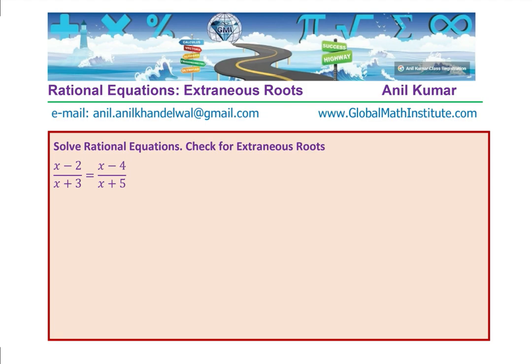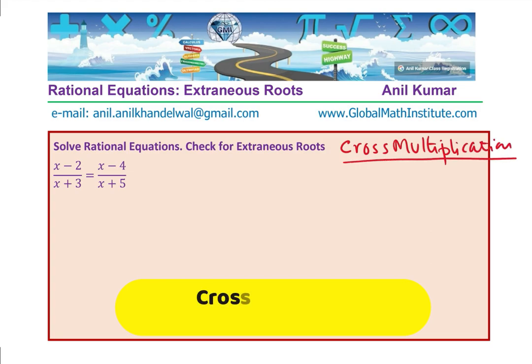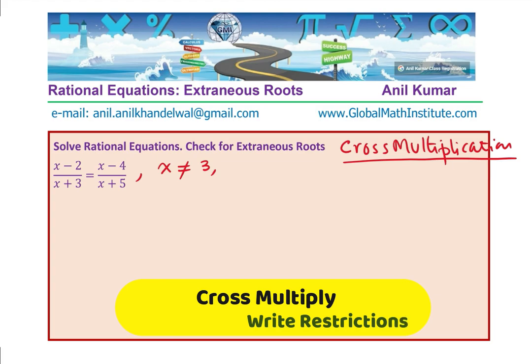Okay, so what should we do? Well, in this case, because it is like a proportion, the strategy is cross multiplication. Also, we have to begin with writing restrictions. Denominator cannot be zero. Therefore, x is not equal to minus 3 and x is not equal to minus 5. Perfect.